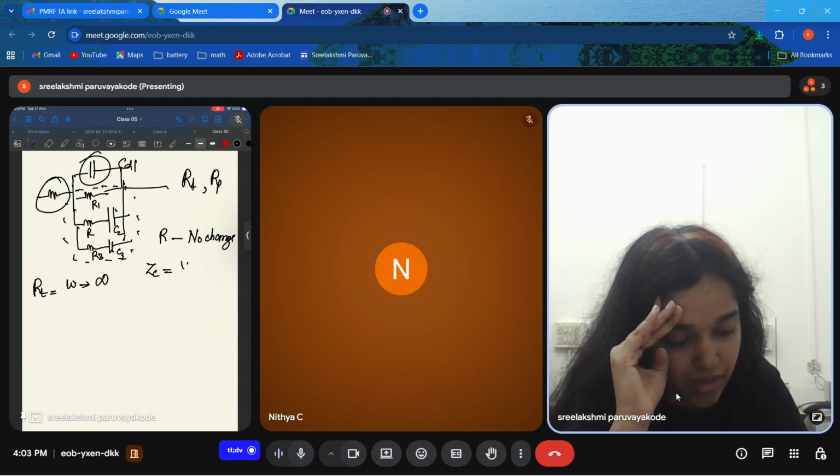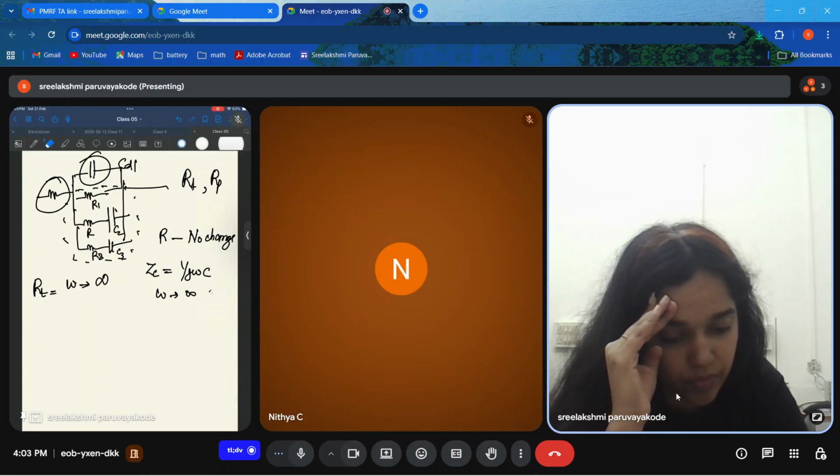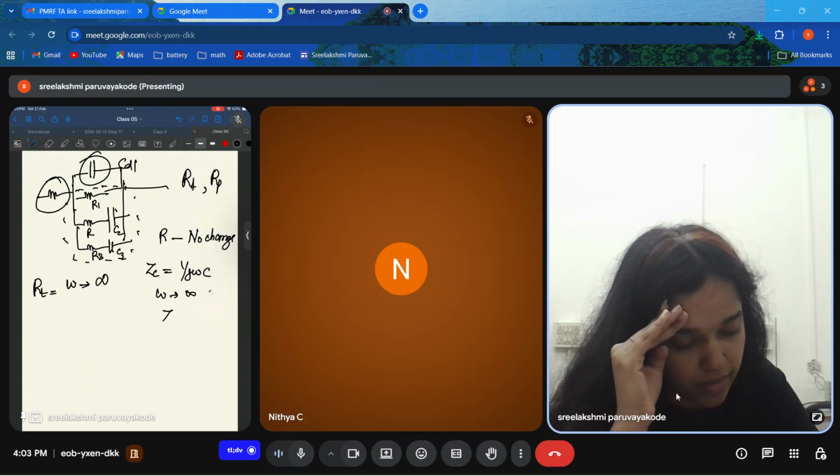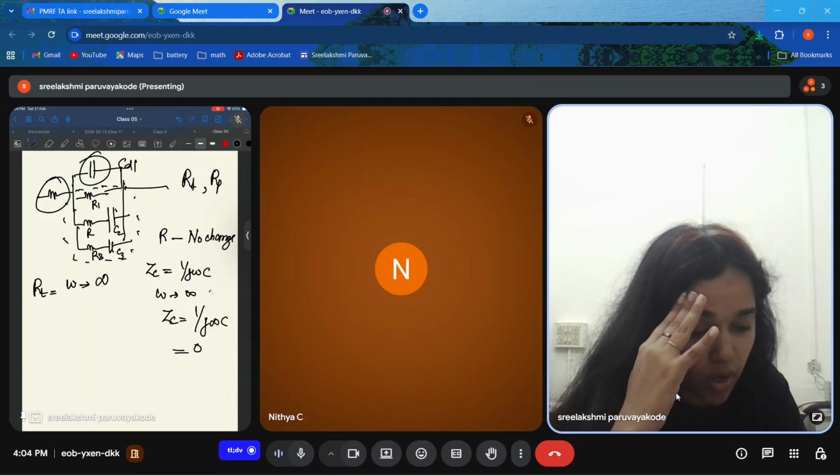ZC is 1 by j omega C. Omega tends to infinity, meaning ZC value becomes small. ZC value is 1 by j infinity C. That means it is becoming small, zero. It offers no resistance.